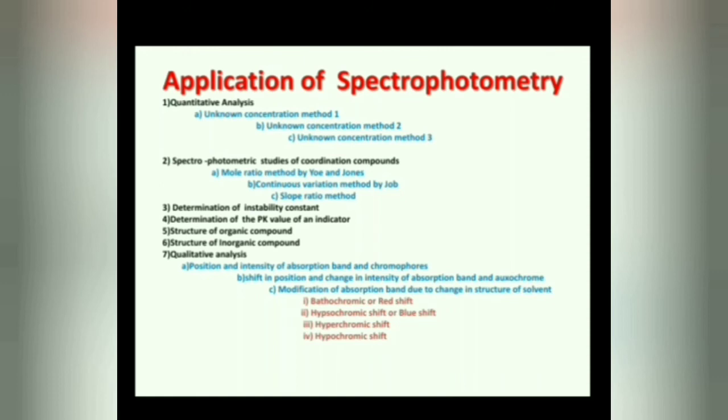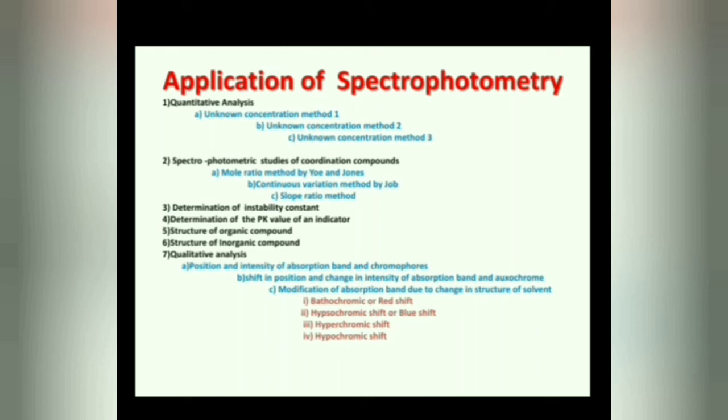Next is shift in position and change in intensity of the absorption band and auxochrome. Here we are focused on auxochrome. An auxochrome is a group which itself does not act as a chromophore, but when attached to a chromophore it shifts the absorption maximum, lambda max, towards the longer wavelength, along with an increase in the intensity of absorption.